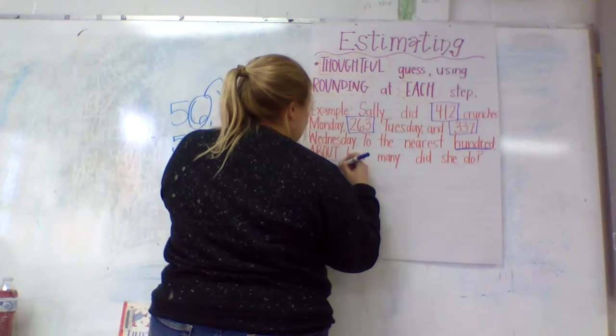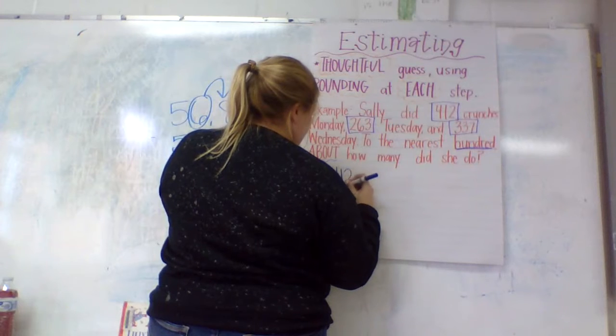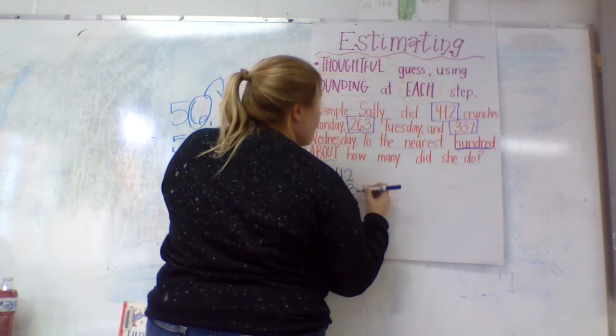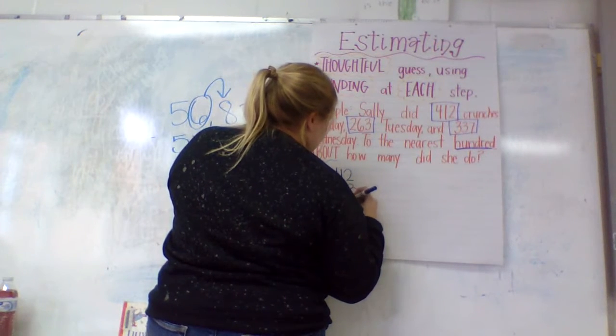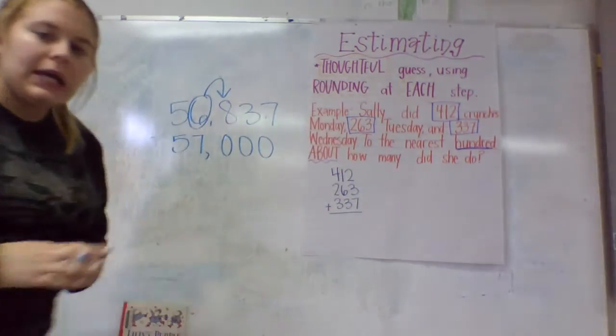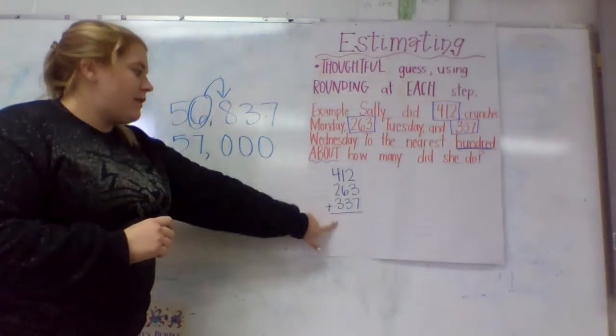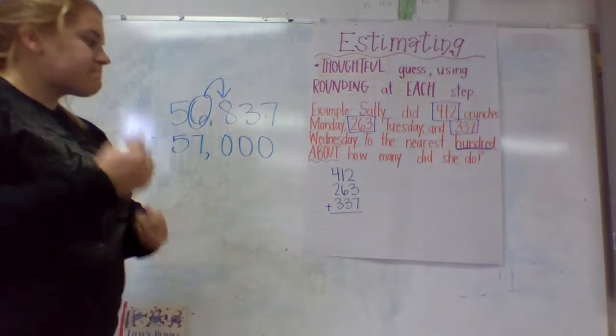Because if I were finding an exact answer, I would add all of those up like that. But that's not what I'm doing. I'm not finding an exact answer, but it is important for me to see these numbers.